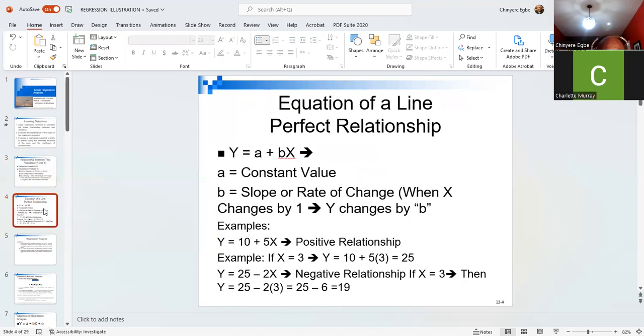All right. So in order to study the relationship, we use what we call the equation of a line. We use the equation of a line. So we have an equation. That equation is specified the way you see there as y is equal to a plus bx. A is a constant value. And I'll use the example of the gasoline.